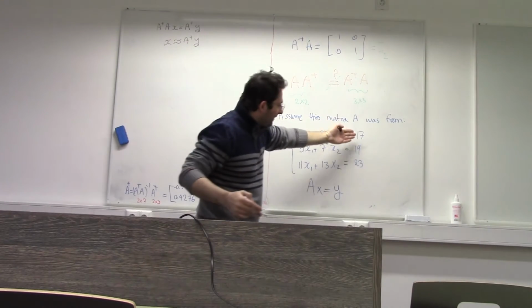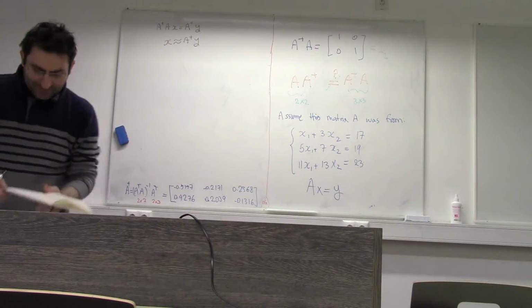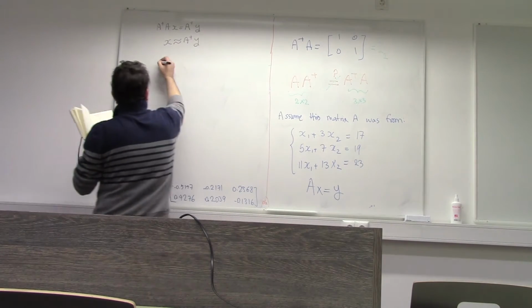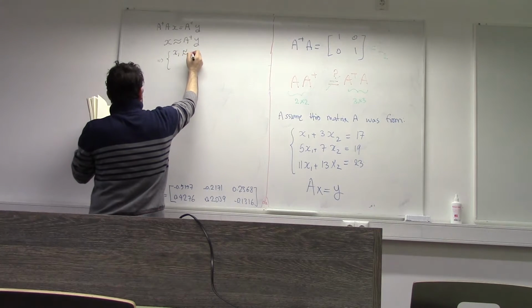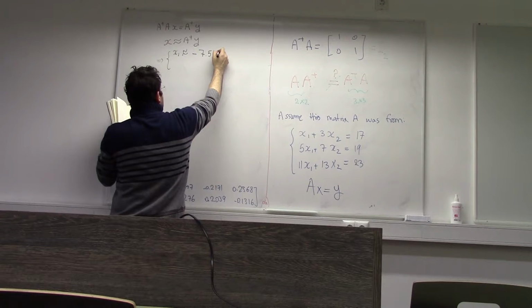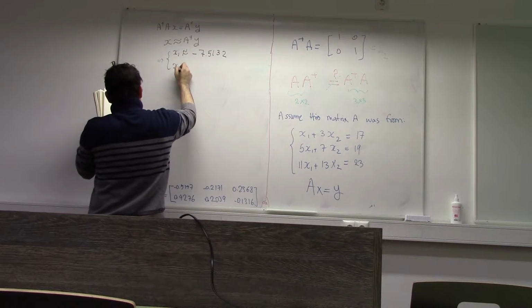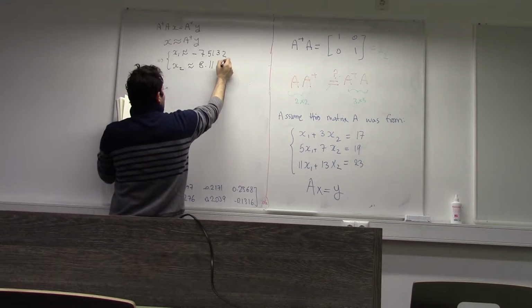Y is 17, 19, and 23. And if you multiply, we will get this: x1 is approximately minus 7.5132, and x2 is 8.1184.